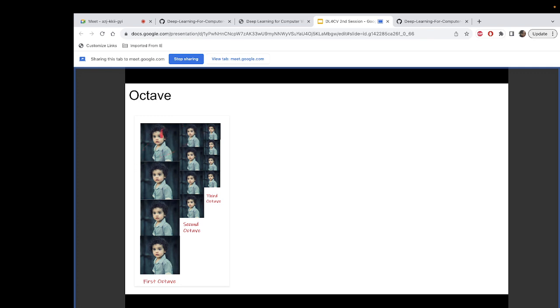So basically what you are trying to do is, in a bigger image, if you take a patch, it will look at a very small thing, and as you go towards the higher octaves, your image becomes smaller, but what you look at is a much bigger thing. So maybe here you look at one eye, here you look at the entire face. So you are trying to identify interest points at different levels of the image, so that you do not miss anything. While this eye thing is very interesting to us, the face is also very interesting. So that's why I am trying to capture all of that. So that is why this octave thing is there.